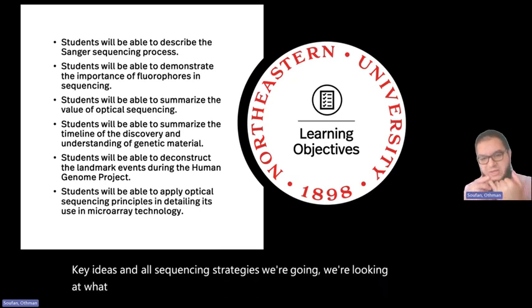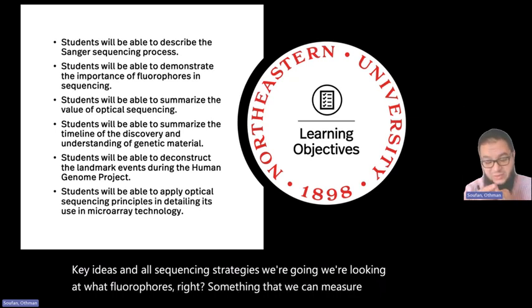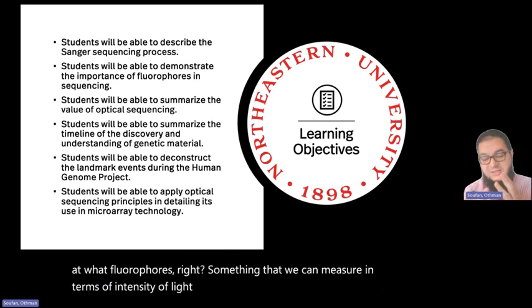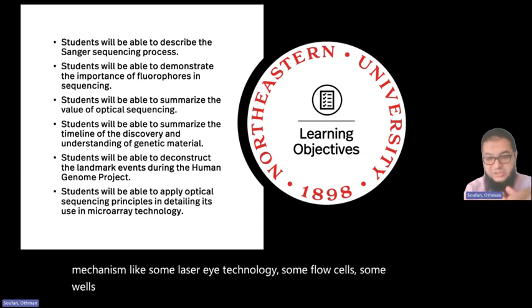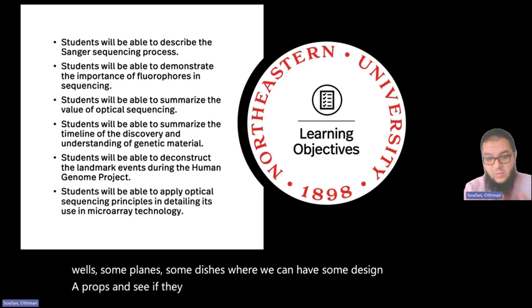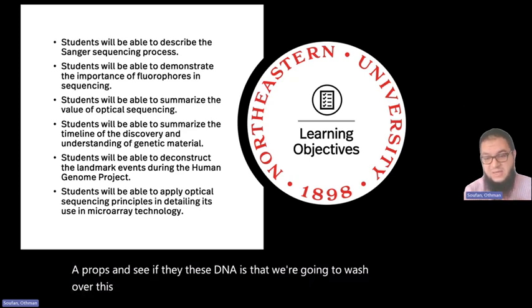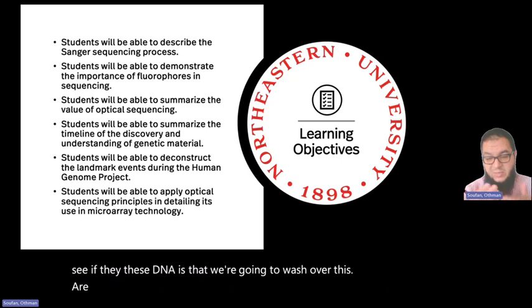Fluorophores, right? Something that we can measure in terms of light intensity, some screening mechanism like some laser technology, some flow cells, some wells, some plates, some dishes where we can have some designed probes and see if these DNAs that we're going to wash over this are going to bind, and then based on that we get certain measures.